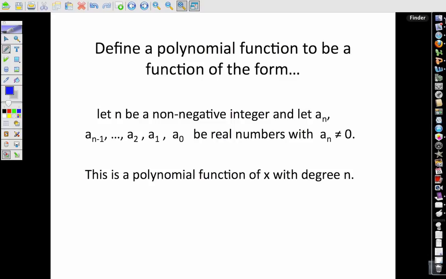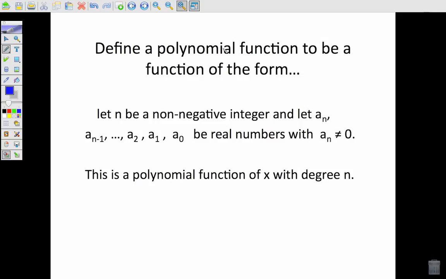All right, here is the definition of a polynomial function. Let n be a non-negative integer, and let a sub n, a sub n minus 1, and so on be real numbers. a sub n cannot equal 0. This is a polynomial function of x with degree n, and so here is our polynomial function. f of x equals a sub n x to the nth plus a sub n minus 1 x to the n minus 1.